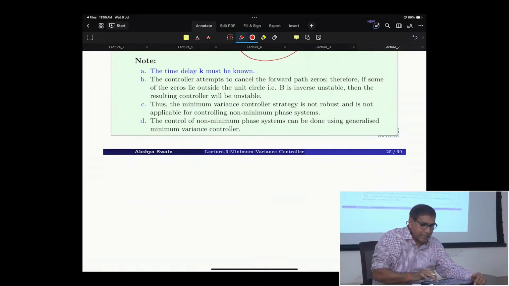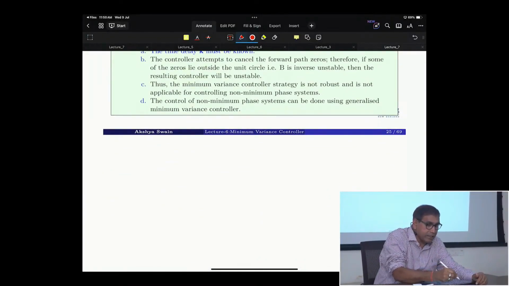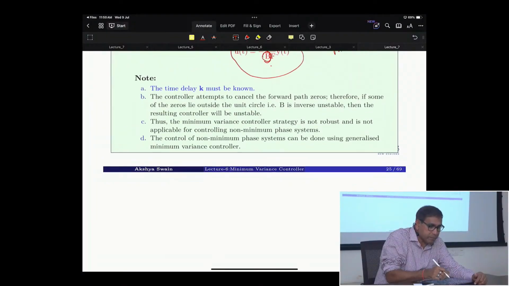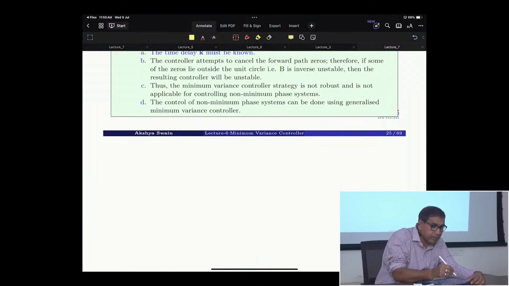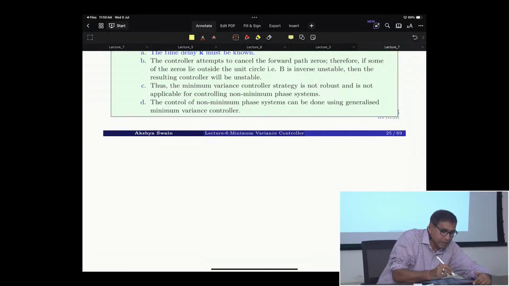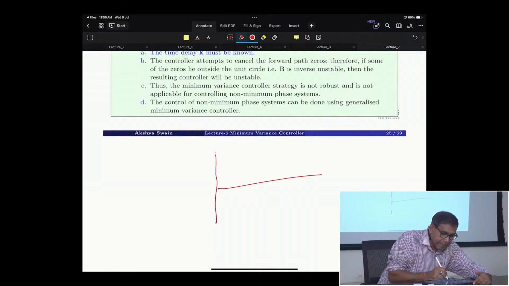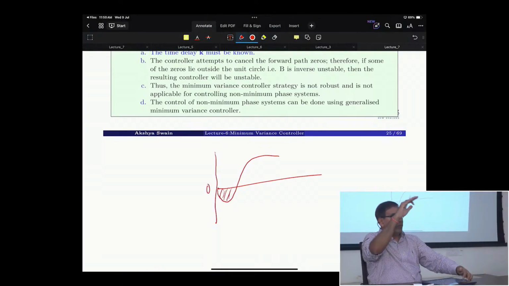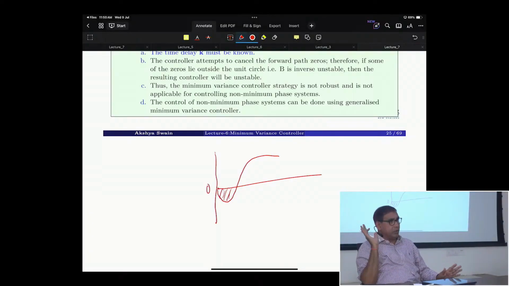You see, the initial response is, see here, I'm plotting the response. Oh dear, why is this happening? Initially, the response will be negative. Whatever you say, initially no.